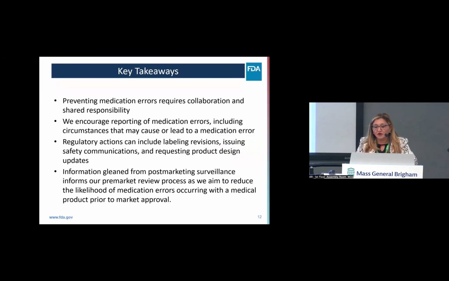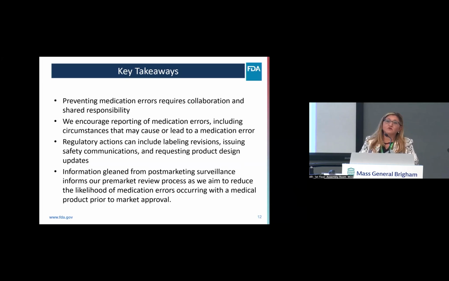So just a couple of key takeaways. As I stated, preventing medication errors requires collaboration and shared responsibility. We encourage reporting of medication errors, including circumstances that may cause or lead to medication errors. It doesn't have to be that an error happened. It's important to prevent a potential error from happening when you first observe it.